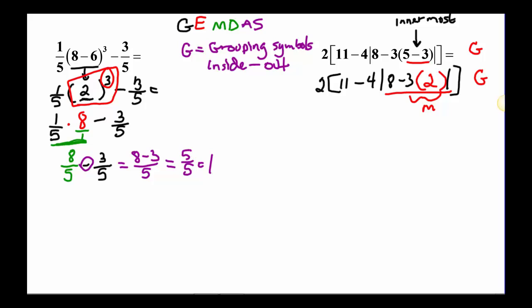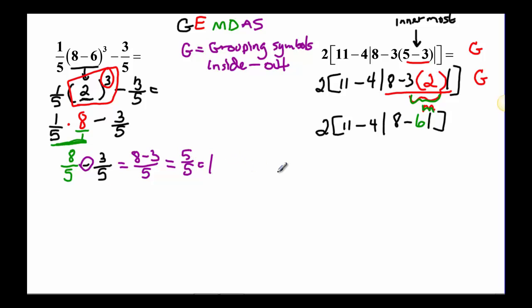All right, so let's see what we can do here. 2, bracket 11, minus 4, absolute value, which is a grouping symbol, and then 8, minus, and I have to do my multiplication. Okay, in fact, I'm going to do that in green since we're used to multiplication being green. And 3 times 2 is 6. And then our absolute value and our bracket.